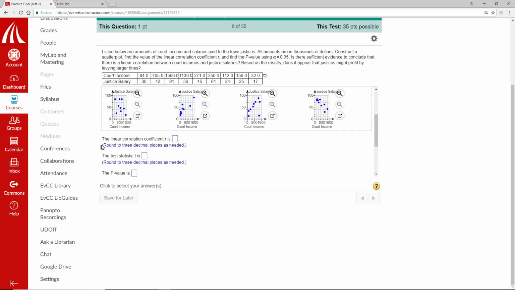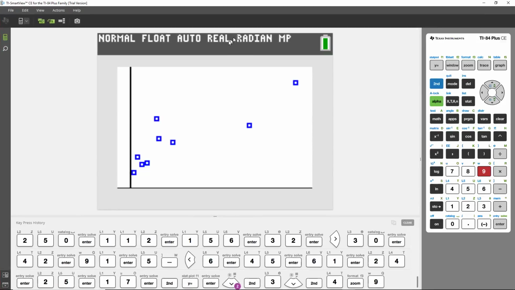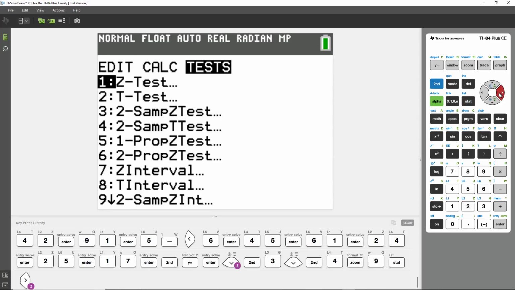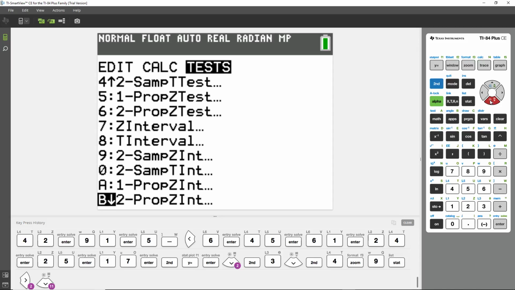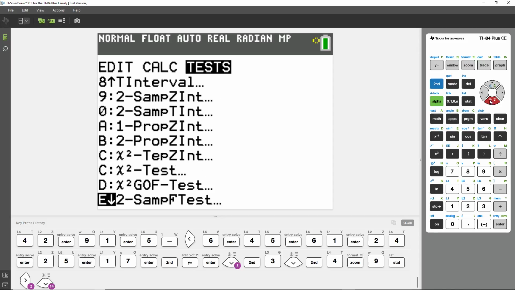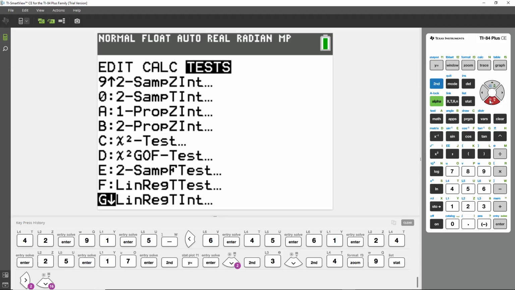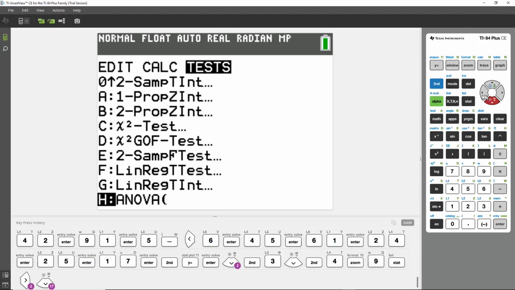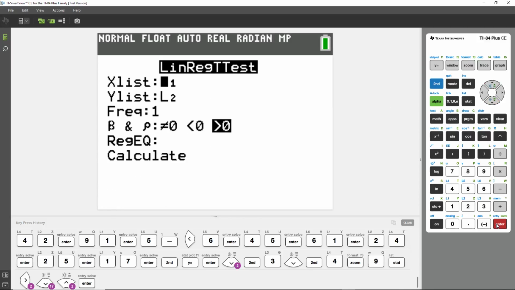And then next, the linear correlation coefficient R is what? Well, I need to actually figure it out. I go to stat, tests, and go all the way down. It's pretty far down. The linear regression t-test, F. We're going to do L3 and L4.